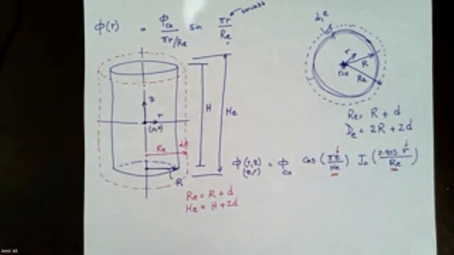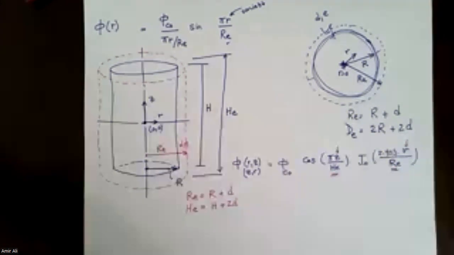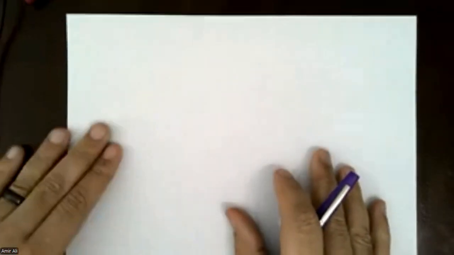Okay, so let me rearrange the equation and look at that distribution, because it's very important to understand the neutron flux distribution in the cylindrical reactor core. So I will convert that three-dimension drawing into a two-dimension drawing to make things easier to understand. So I will draw the two-dimension reactor.